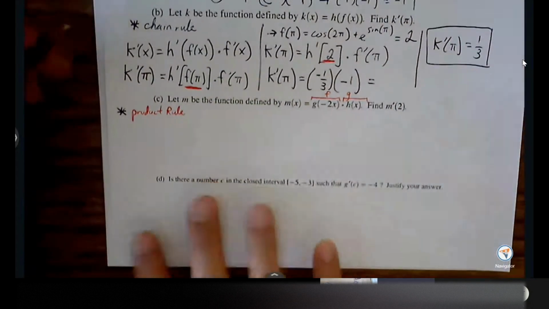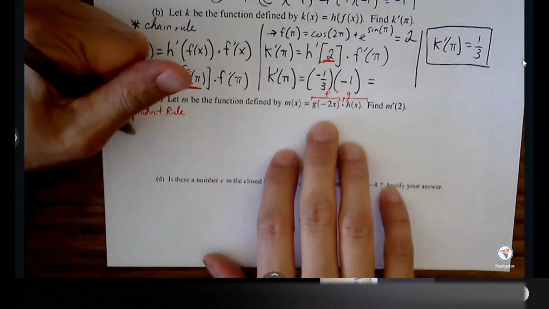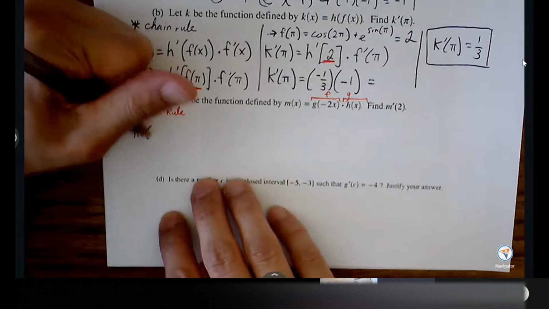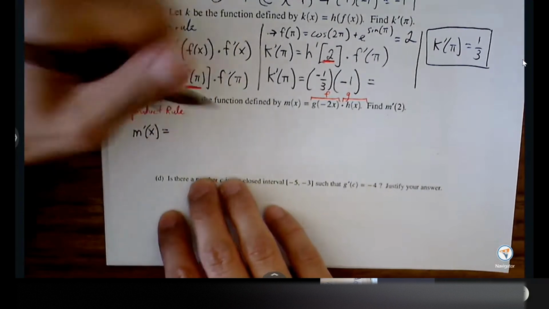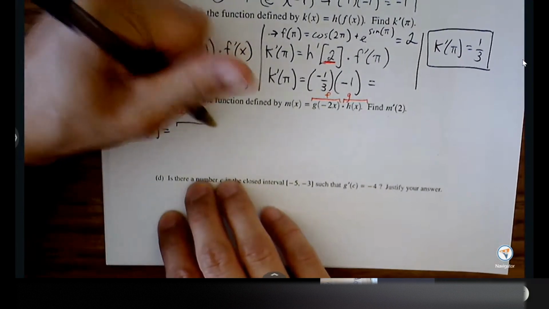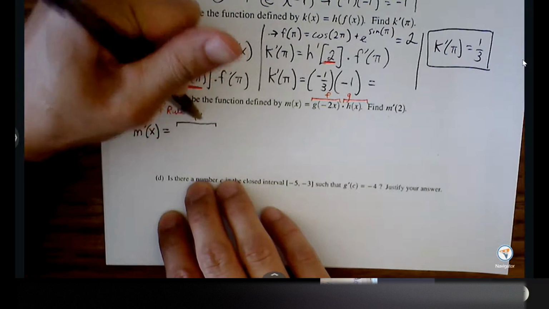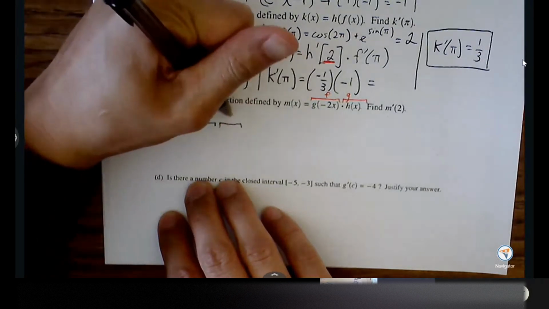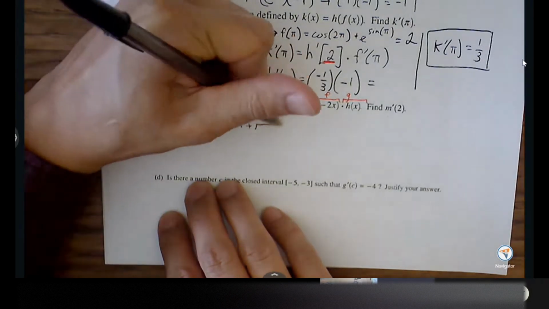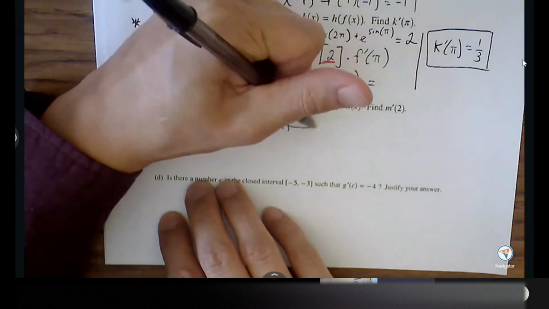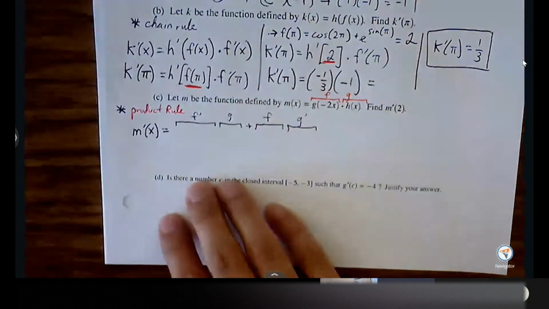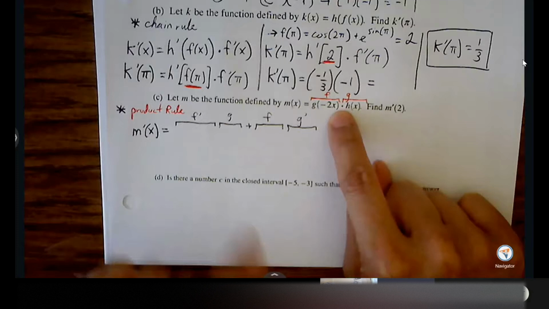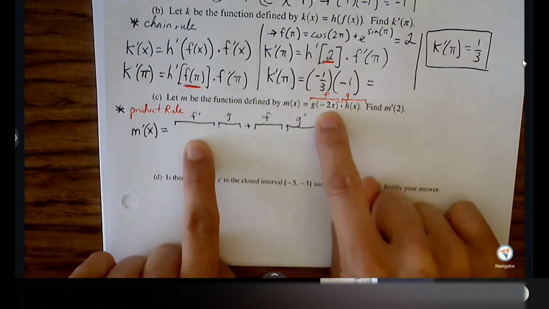All right, so I'm going to build my product rule here, build my derivative. All right, so what's g of negative 2x's derivative?